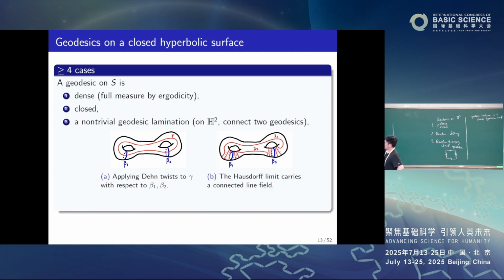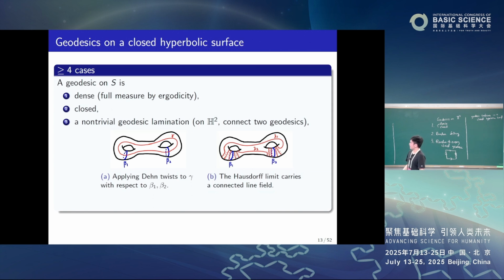Actually, if you look at the tangent line, at every point the geodesic is smooth, so look at the tangent line bundle. The tangent line bundle over this lamination is a connected set. Because beta 2 is my closed geodesic, and my lamination's tangent line is approaching this guy, it's a connected set even in the tangent line bundle.